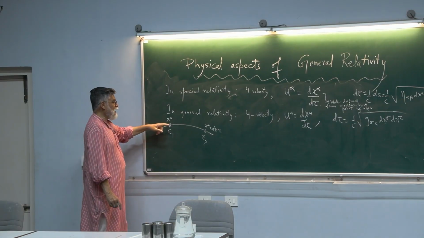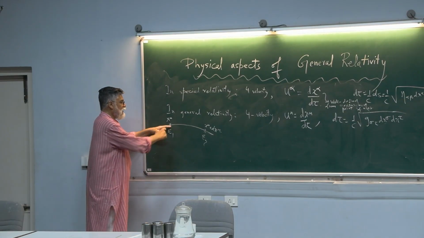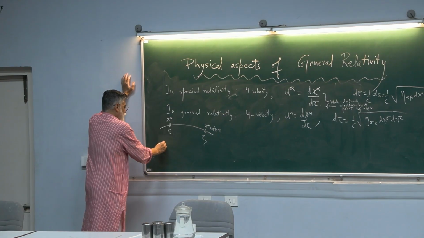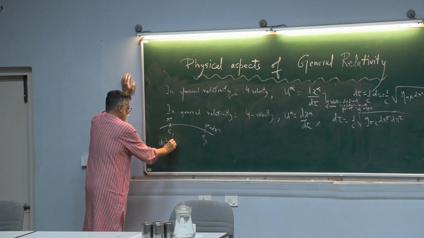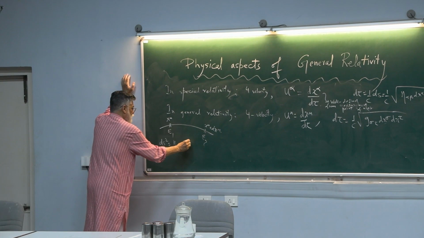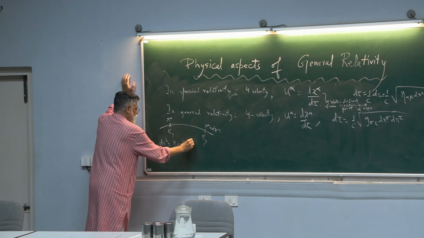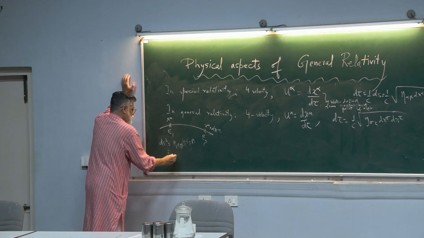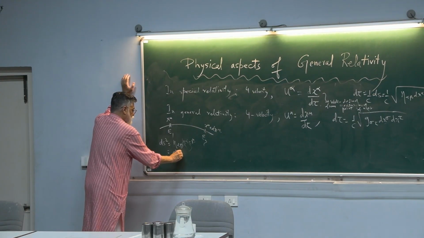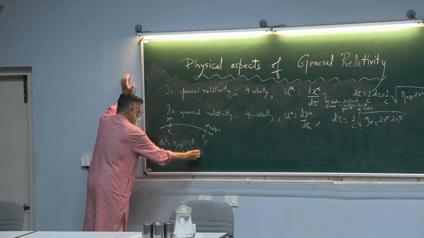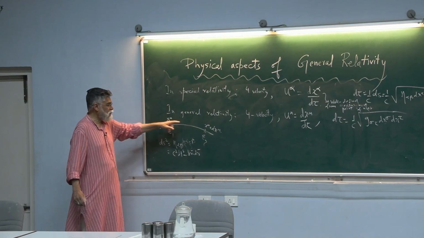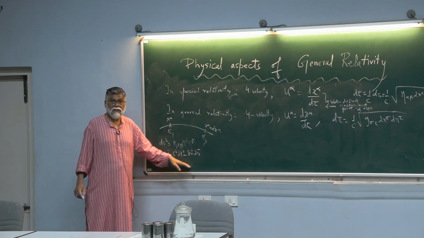In special relativity, I will say that these two events are connected by what? ds square is eta alpha beta dxi alpha dxi beta, which is the same as c square dt square minus dr dot dr, same thing. And if it is a zero rest mass particle, what will this be? 0.